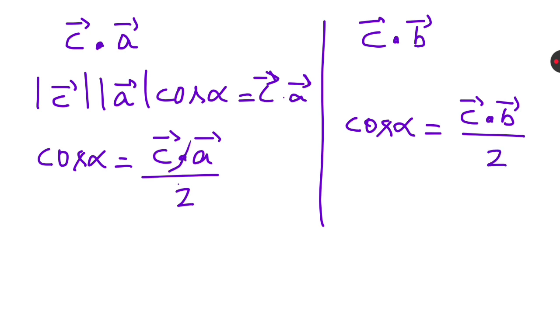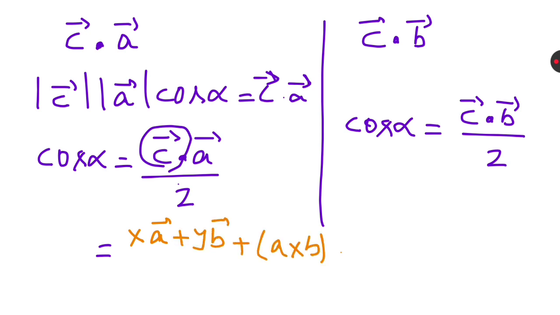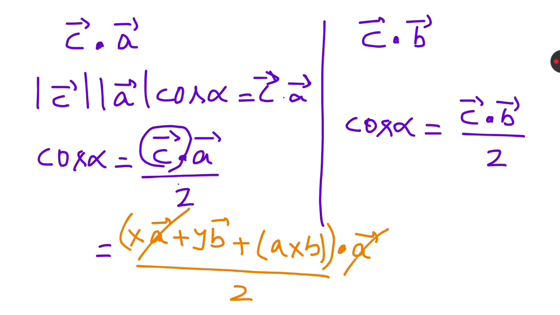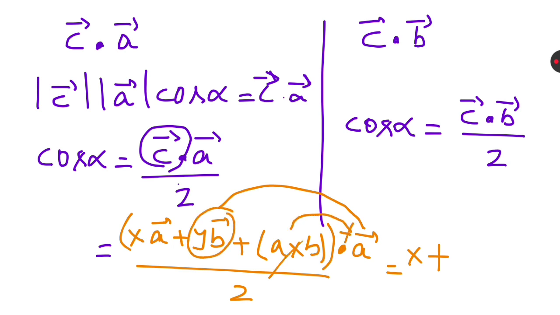And C is the given x A bar plus y B bar plus A cross B, dotted with A, over 2. If you multiply, A dot A gives 1, so we get x. B dot A gives 0, so this is 0. And A cross B dot A gives 0, so this is also 0.